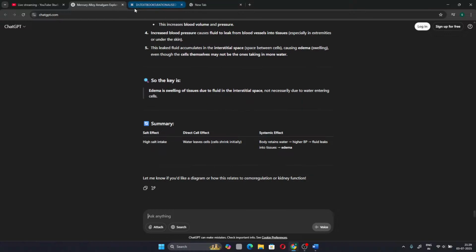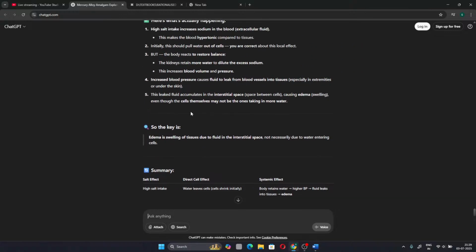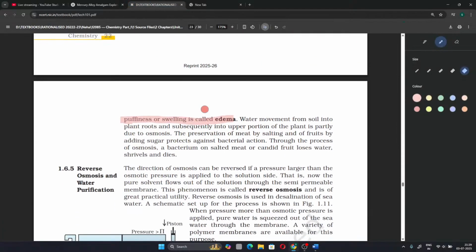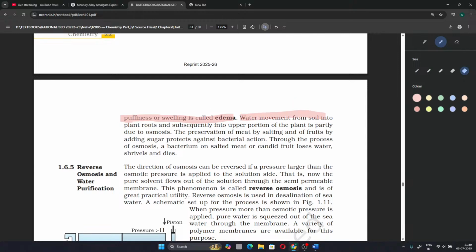Okay, I understand. This is actually a counter mechanism of the body which is causing this swelling, not the actual hypertonic situation. Water movement from soil into plant roots and subsequently into the upper portion of the plant is partly due to osmosis. The preservation of meat by salting and of fruits by adding sugar protects against bacterial action.